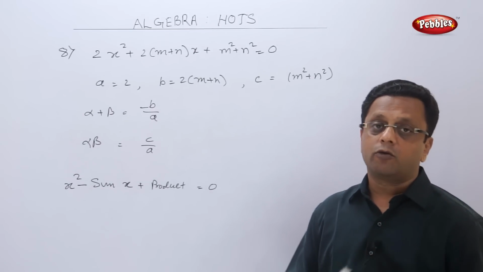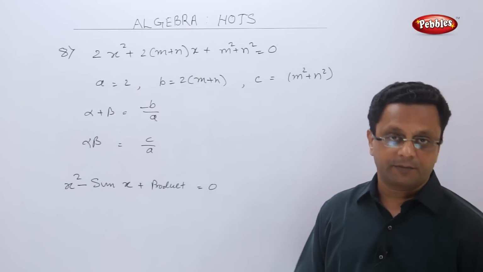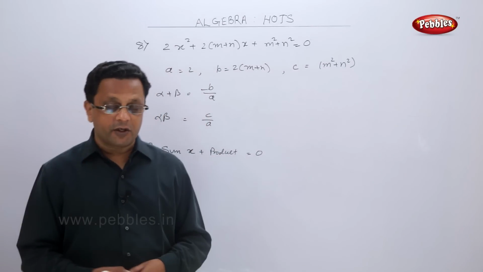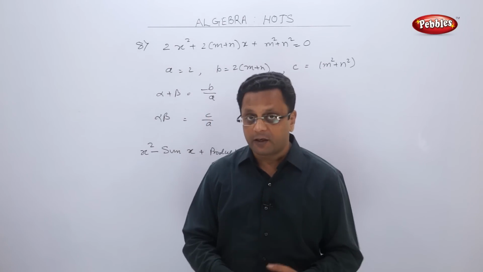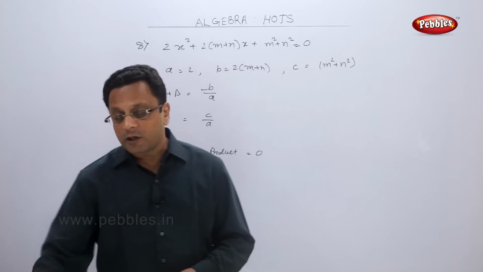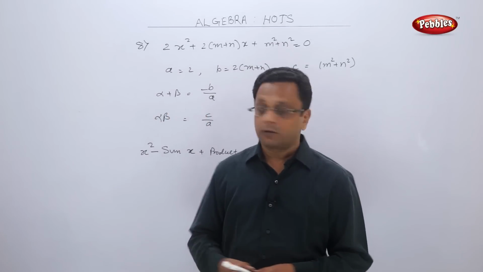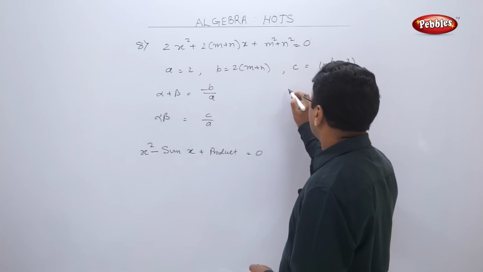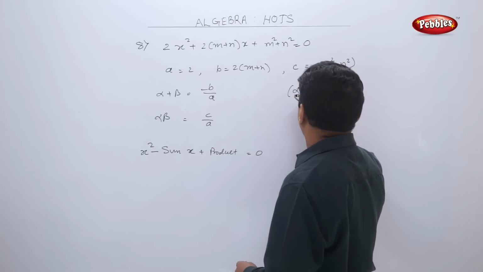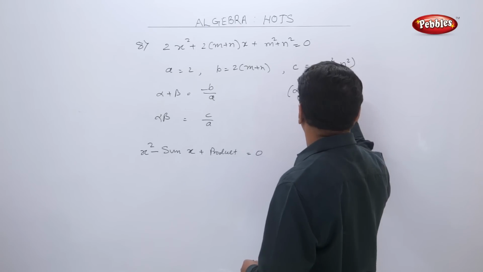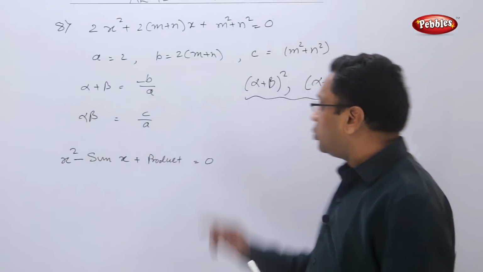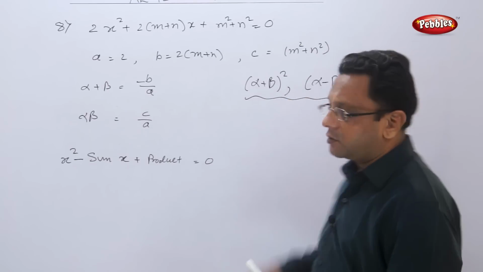Now we have to pay attention to what is given. They say that the roots of the required equation, whatever equation we have to find out, are the square of the sum of the roots and the square of the difference of the roots of this equation. That is, one root is (alpha + beta)² and another root is (alpha − beta)². Now the roots of the quadratic equation are this.